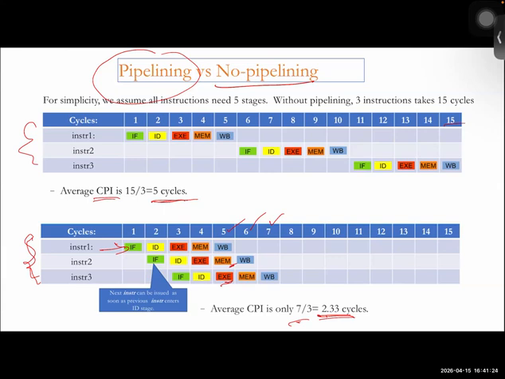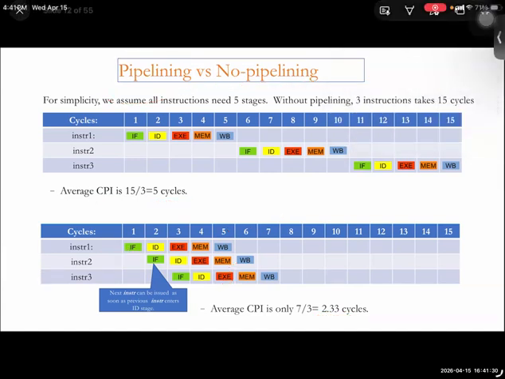Fantastic. Good. So now let's talk about this performance calculation in terms of cycles. Here you assume that without pipeline, the instruction execution takes time T. Then the single instruction latency is 5 cycles for every instruction.